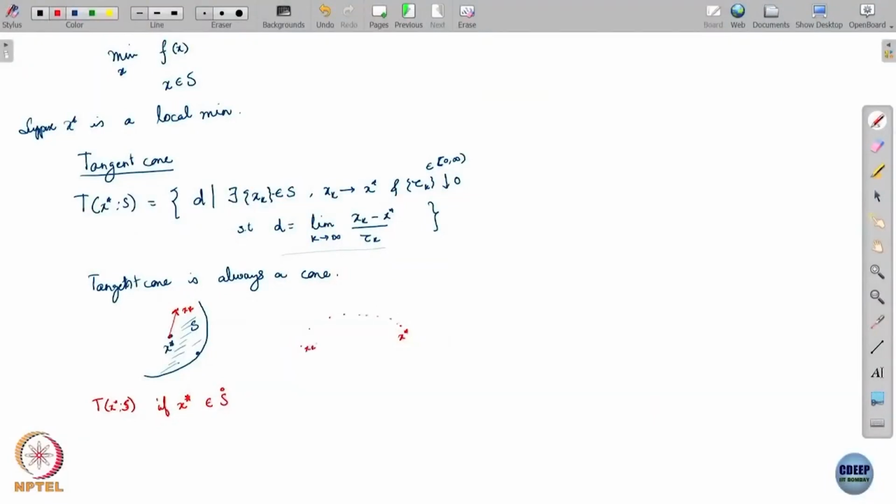Here is x 100, then x 1000, etc., and eventually these various xk's converge to x star. So the vector xk minus x star is eventually going to become 0. But if you look at xk minus x star divided by tau k, where would that end up pointing?